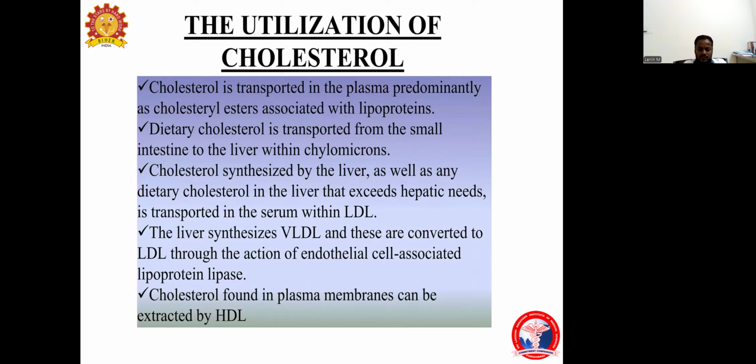The liver synthesizes VLDL, and these are converted to LDL through the action of lipoprotein lipase associated with endothelial cells. The cholesterol found in the plasma membrane can be extracted by HDL.